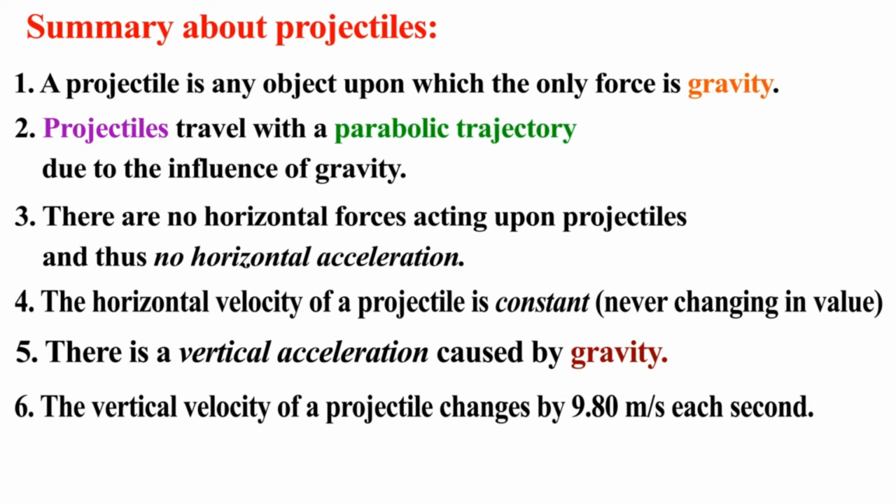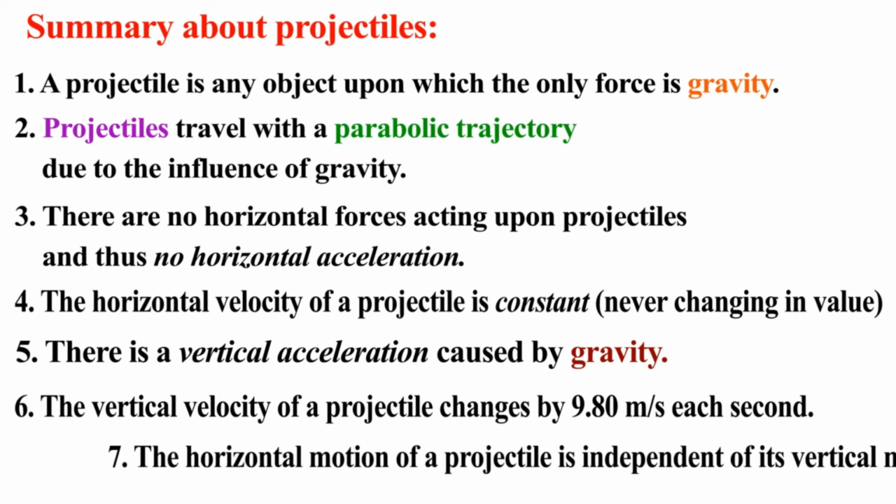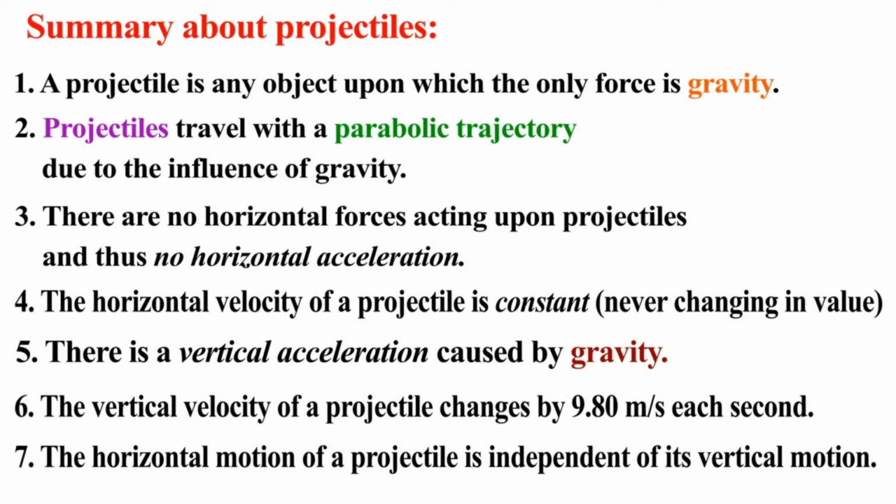So it keeps increasing per second interval of time. The horizontal motion of a projectile is independent of its vertical motion, as we can see based on the above statement. So let's try and see something here.